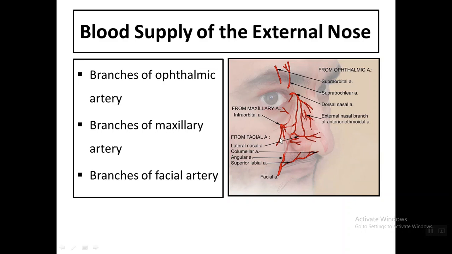Branches of the maxillary artery include the infraorbital artery, and branches of the ophthalmic artery include the external nasal branch of the anterior ethmoidal, along with other branches.